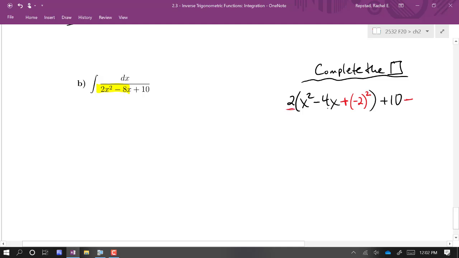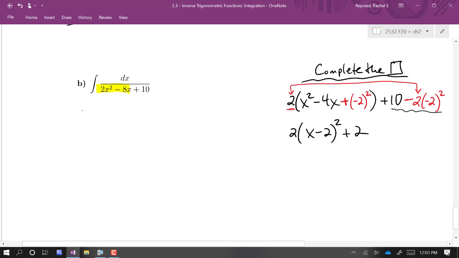So when I subtract it off, I have to bring that factor of 2 with me. So now this looks like 2 parentheses, and then x minus 2 squared. And doing some arithmetic here, that's 4 times 2 is 8, so that'll be plus 2.